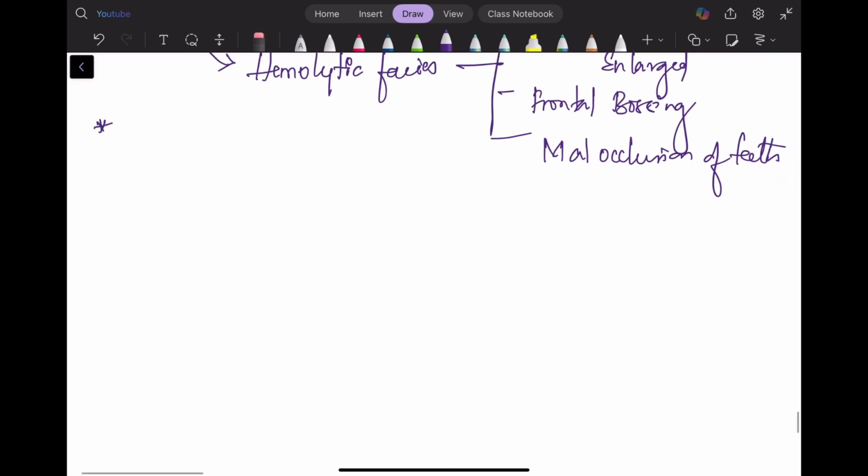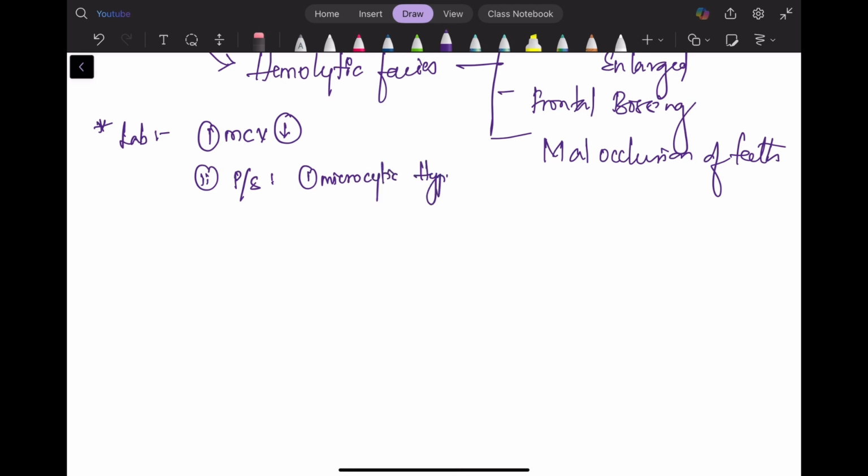So we saw clinical features, then we come to lab investigations. First, we discussed in our basic hematology video why the MCV will be less, you can watch that. Then we have the peripheral smear, which shows, first, microcytic hypochromic poikilocytosis.